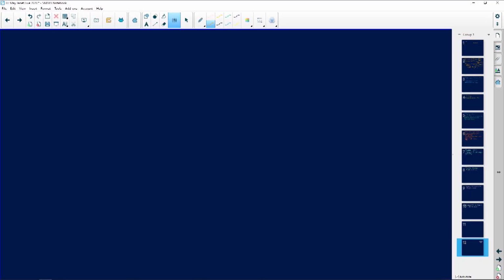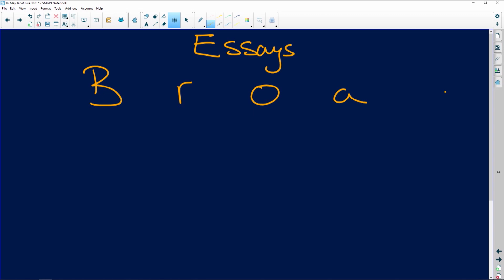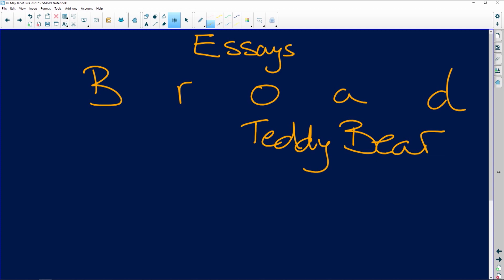So if we're talking about how you tackle an essay topic, any essay topic, the examiners try to make them as broad and wide as they possibly can. So we've got a picture here of a teddy bear. You can't get much broader than that.